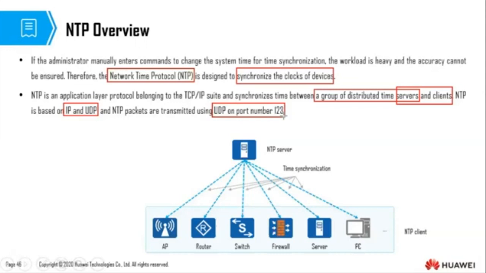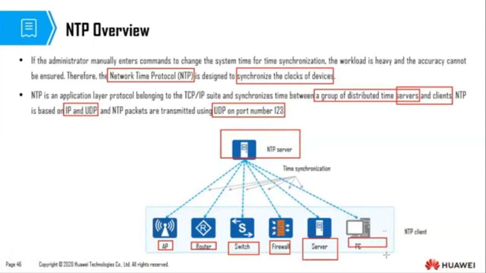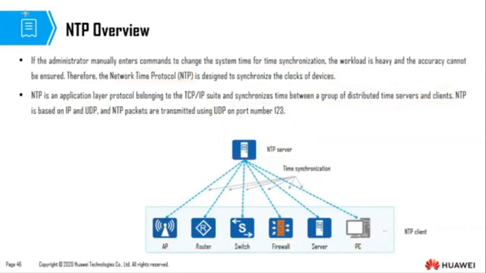If 123 is hard for you to remember, remember 1, 2, 3: NTP 123, UDP 123. Normally you'll have the NTP server, and your network devices like access points, routers, switches, firewalls, servers, and PCs can all get time from the NTP server. So all of them are going to have the same time at any given point in time.